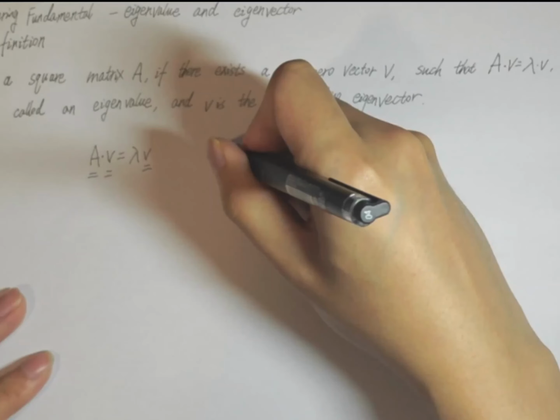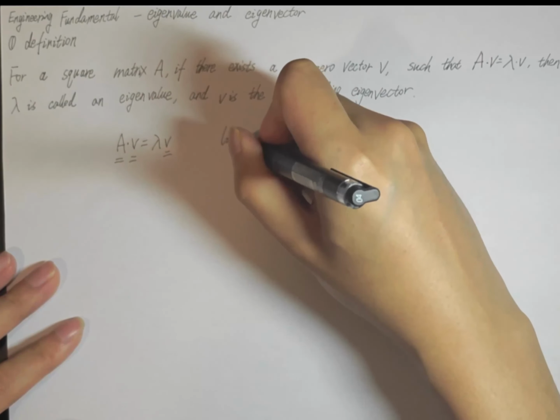From vector V to matrix A multiplied by V, it represents a linear transformation. And this formula means that vector V and matrix A multiplied by V are on the same straight line, which is a special linear transformation phenomenon.